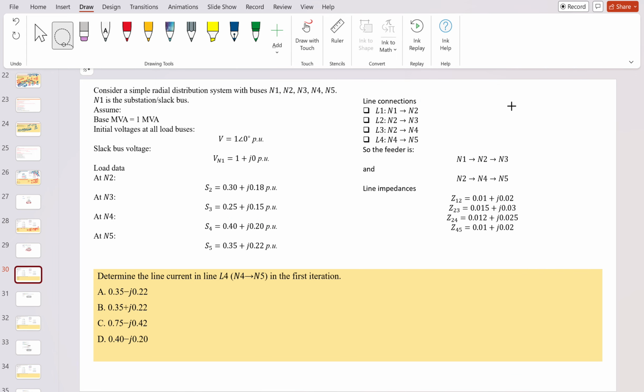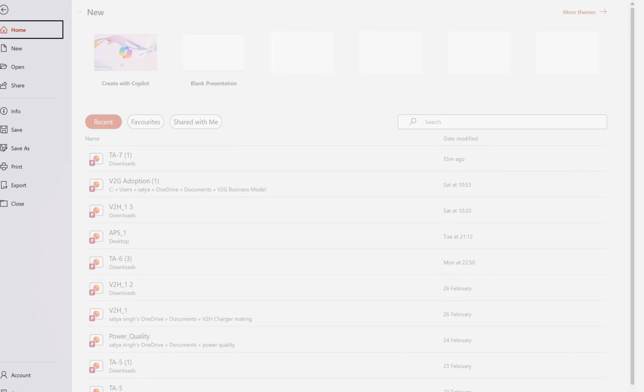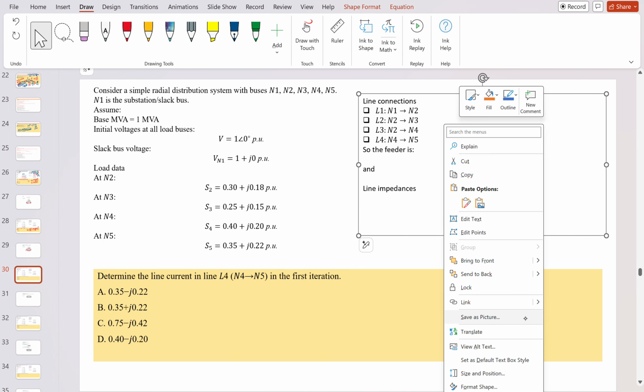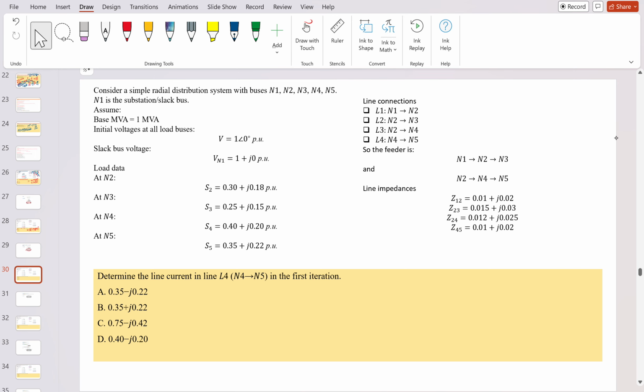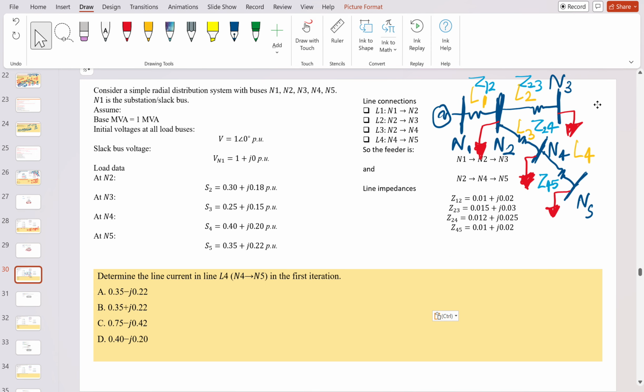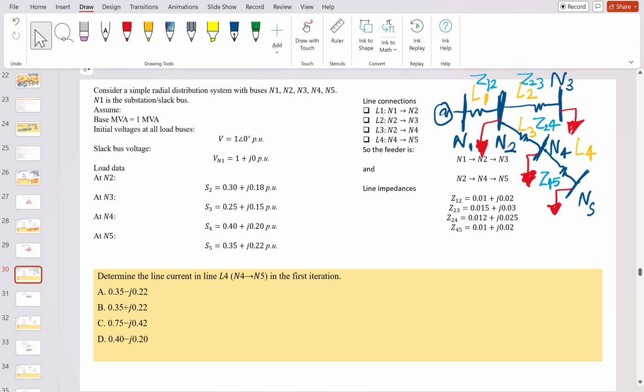Okay, I got one answer, option C. Anyone else?